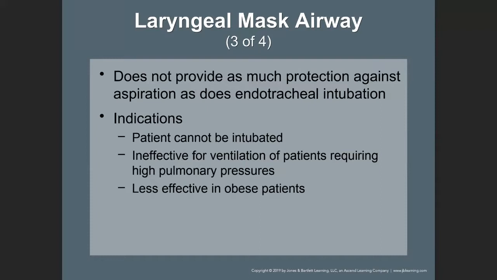Continuing with the LMA, or laryngeal mask airway: it does not provide as much protection against aspiration as does endotracheal intubation. Indication: patient cannot be intubated. Ineffective for ventilation of patients requiring high pulmonary pressures, less effective in obese patients.